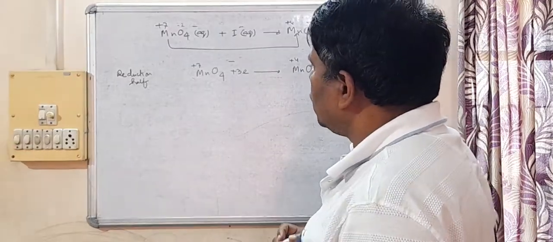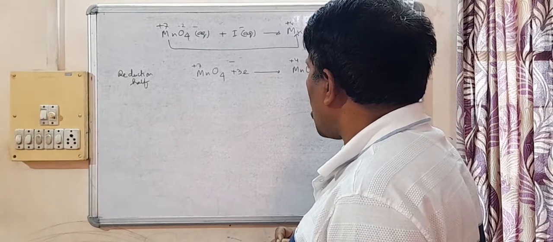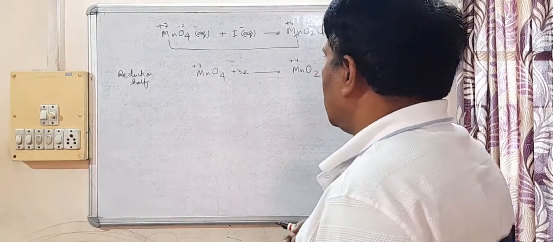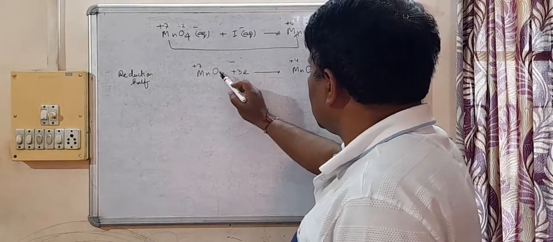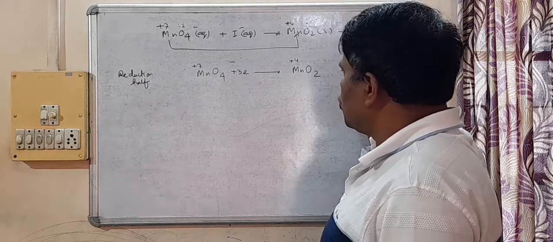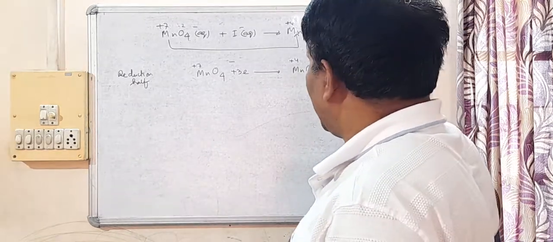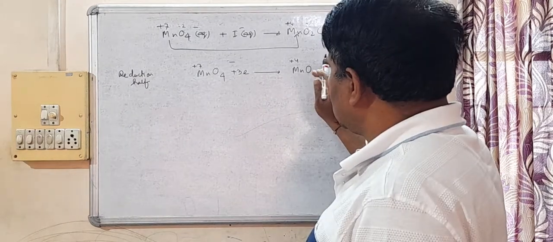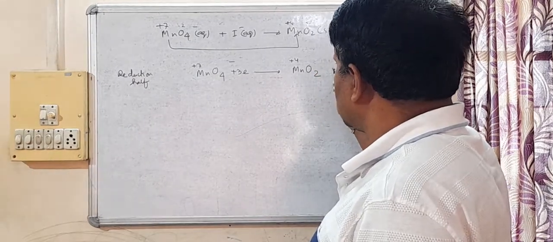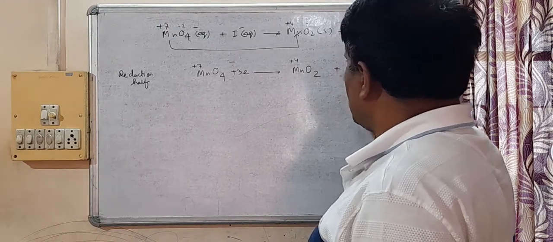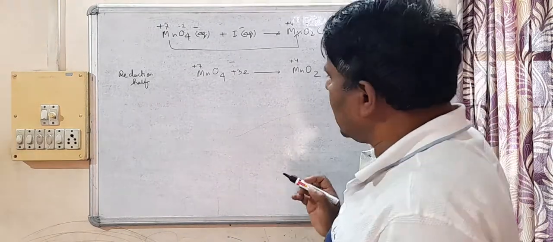Now we balance for oxygen. Hydrogen is not there. For oxygen, this side 4, this side 2. So 2 short, so we will put 2 water.